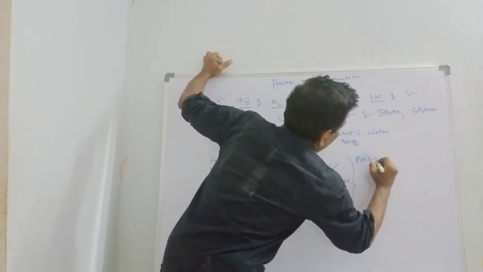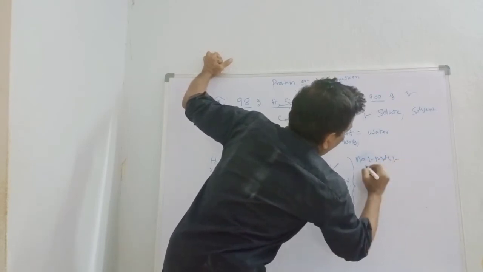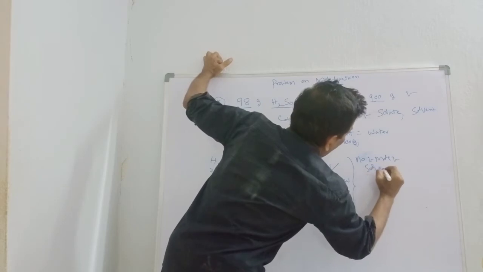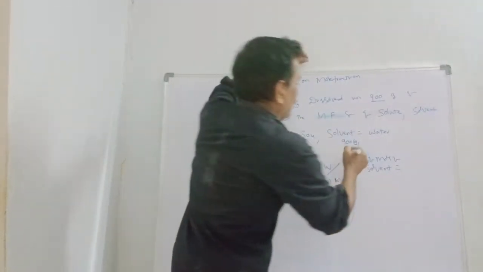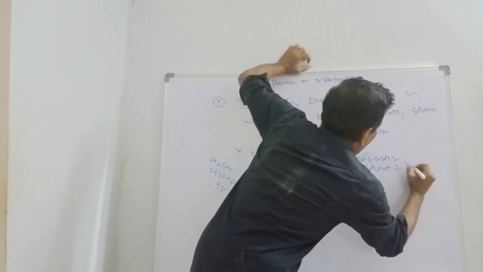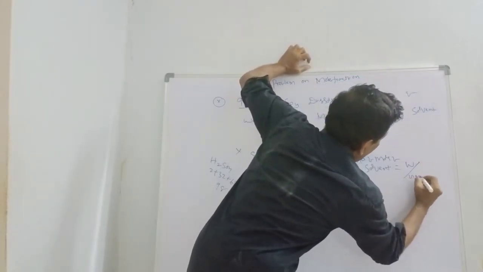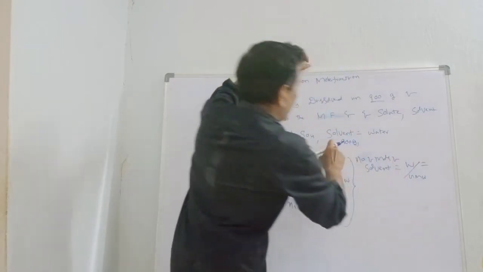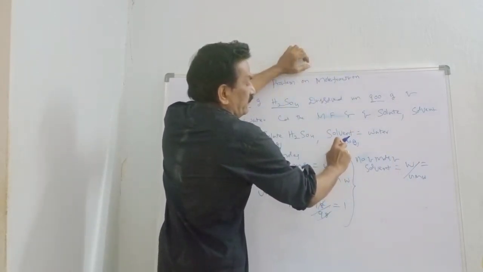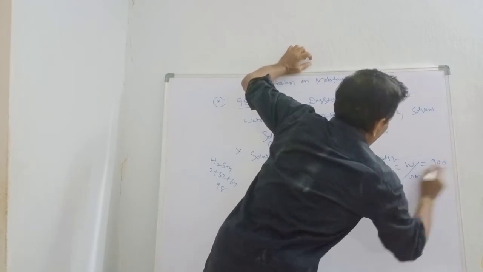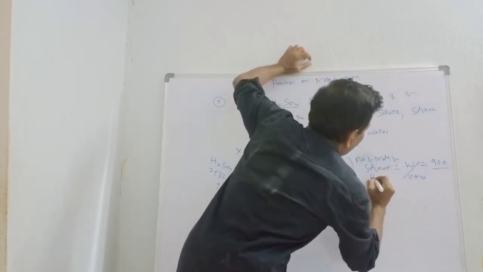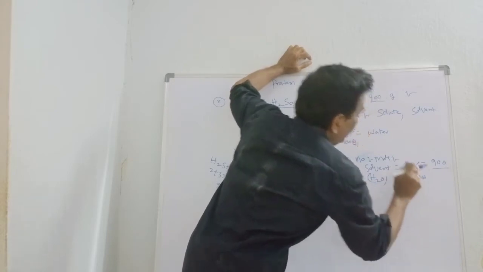At the same time, number of moles of solvent, that is water. Please note it. Solvent means water. So what is the formula? Weight by gram molecular weight. How much weight he has given? Solvent weight he has given 900 grams. Water, how much molecular weight?